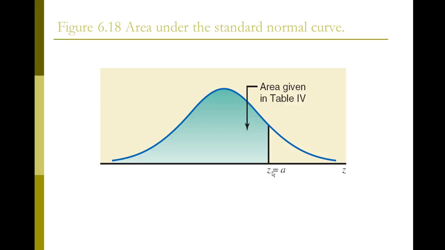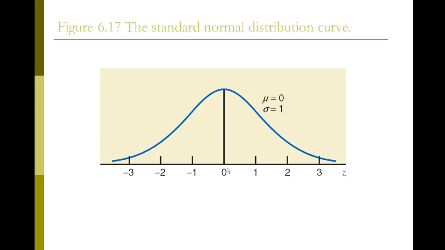For example, if I said this value here, right in the center, that would be z equals 0, because it's centered at 0. So if I asked you what's the area to the left of 0, you should be able to figure out that it's going to be 50%, because 0 is in the middle, the curve is symmetric, so half will be to the left, and half will be to the right.